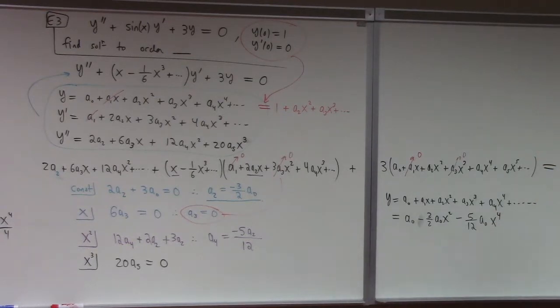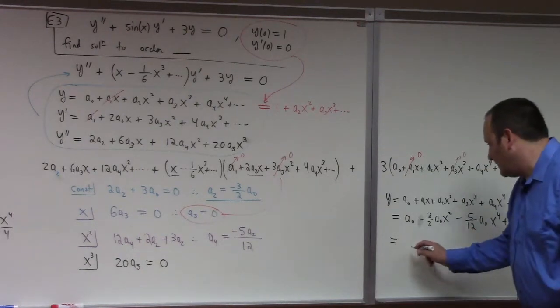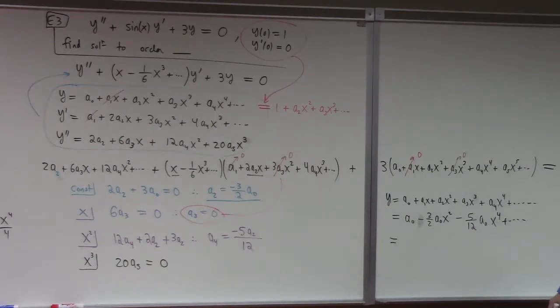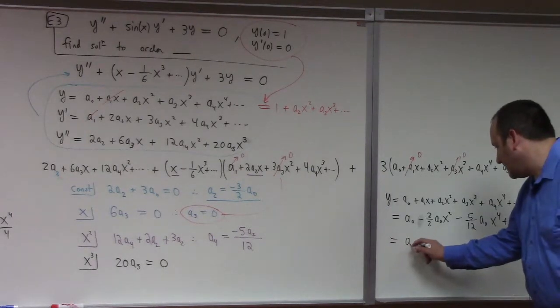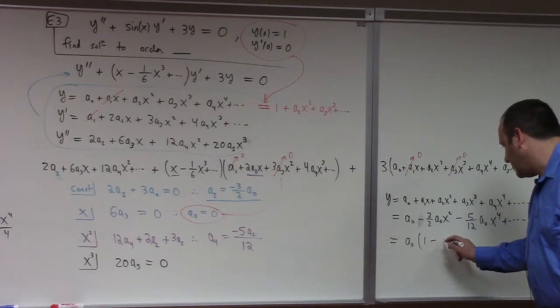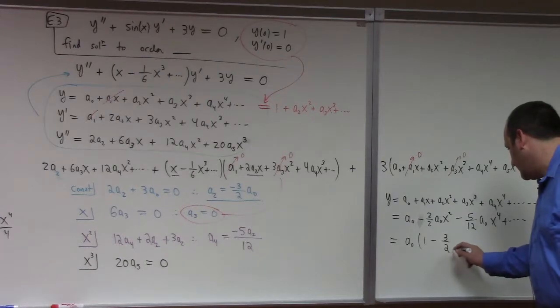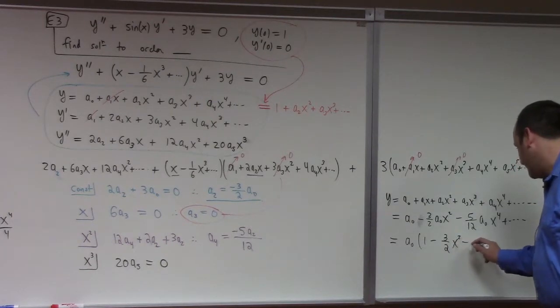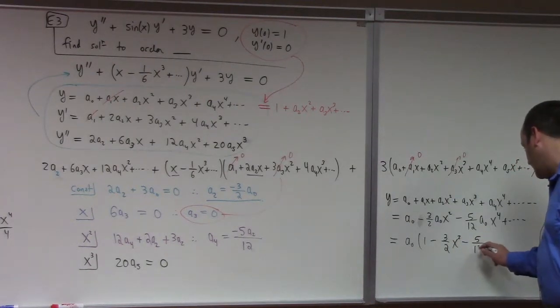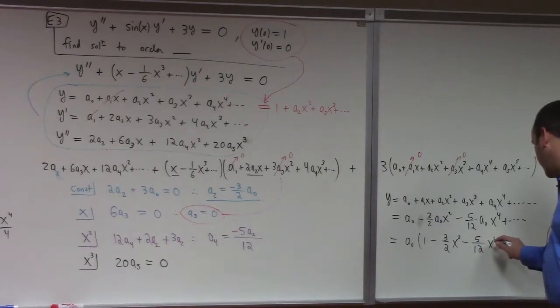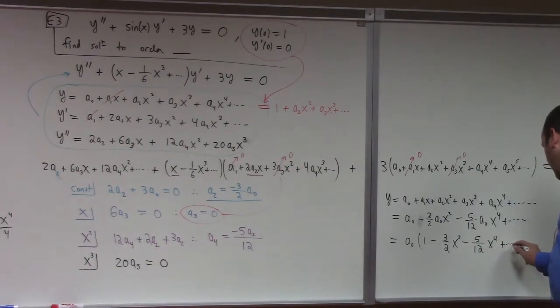That's my a4, and so forth. So you can factor out the a0. But what was a0? I mean, I actually should have, we touched on this earlier, but I didn't really propagate that thought through the calculation yet.